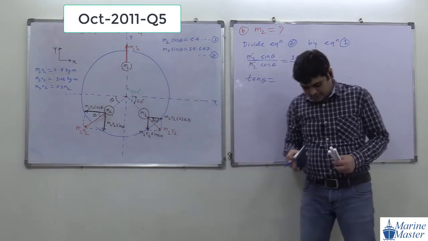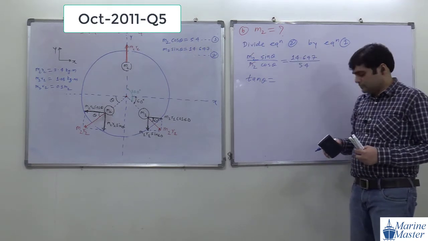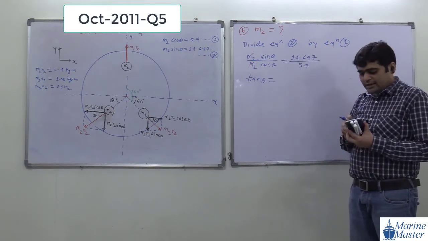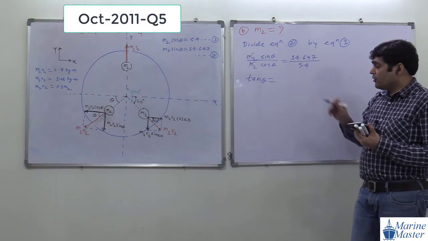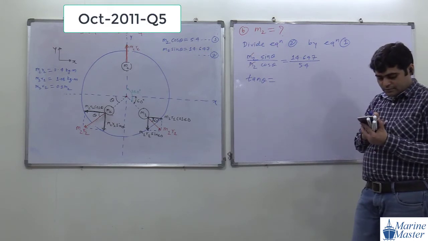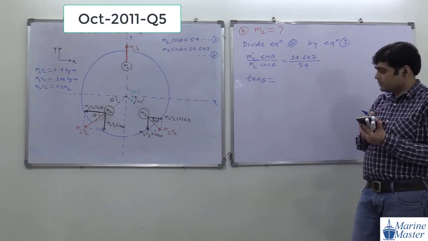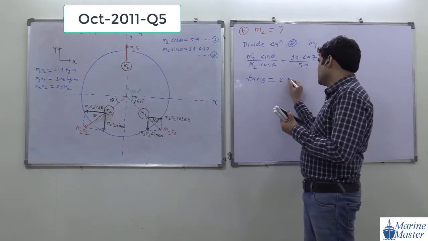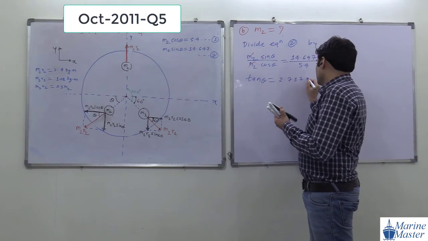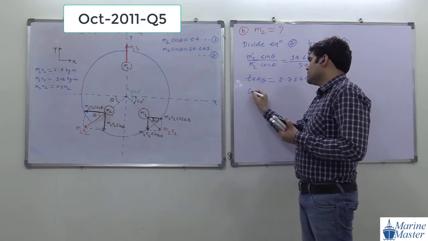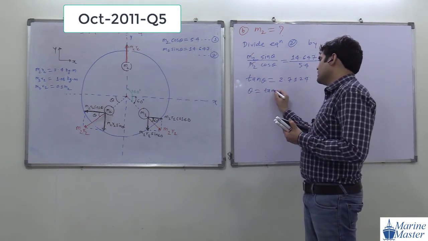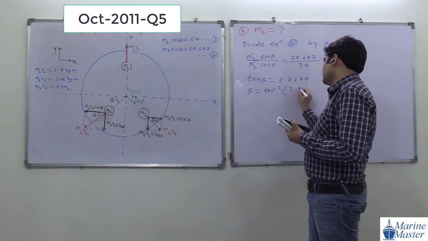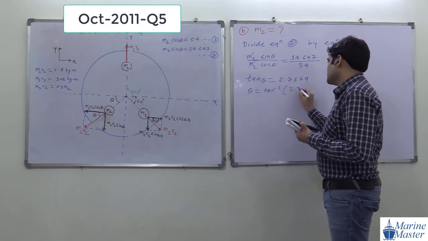What will that become? 14.647 divided by 5.4 is 2.7124. So theta will be equal to tan inverse of 2.7124.